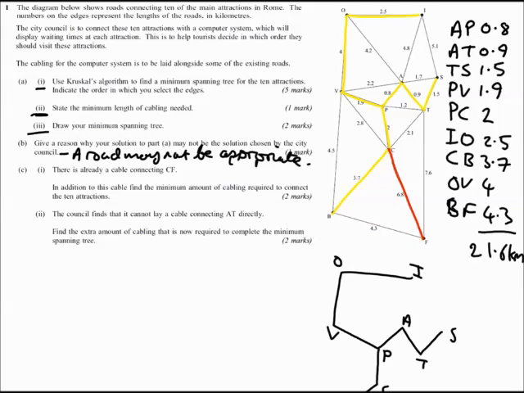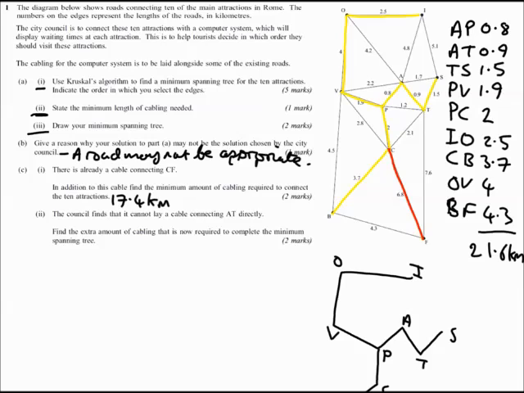Okay. So if we do that, we can reduce our spanning tree by 4.3 kilometers. So that means we only need 17.4 kilometers of cable. Winner.